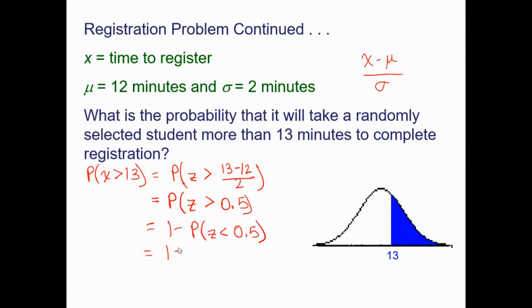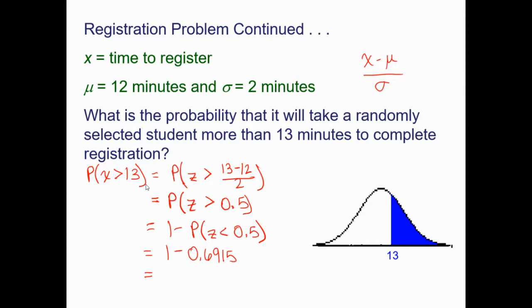No, I'm going to do it right. Oh, 0.6915. Oh, yeah, it's from the other way. You have to do it from the inside out, right? Well, this one we do it normal. So 0.5.